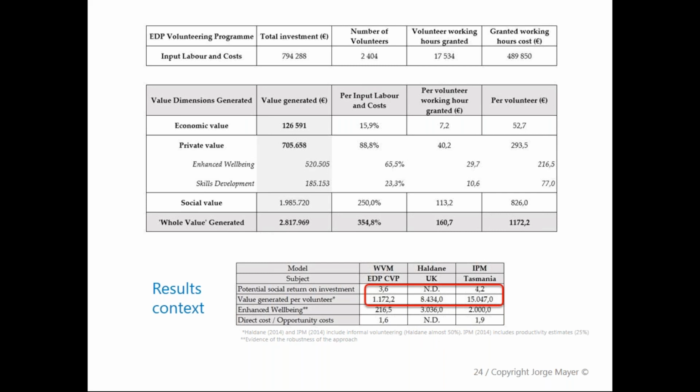I mean, informal volunteering, which is the volunteering that the corporate volunteering program promotes or generates, is responsible for almost half of the value that Haldane considered. We don't have that on this model. We don't have any figures for that. But still, even if we take out the informal volunteering of the IPM or Haldane, we would still have a lot lower value generated per volunteer. So this part is important for us to understand that these results are conservative and very likely underestimated.